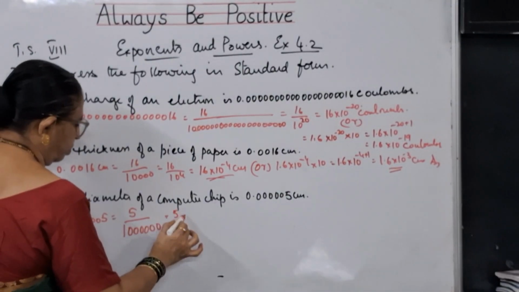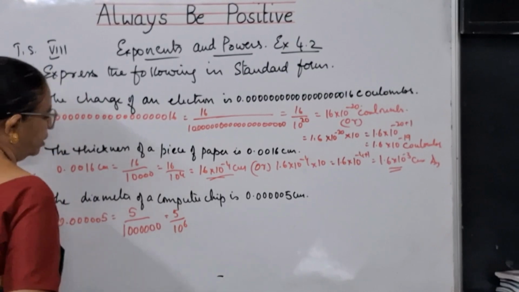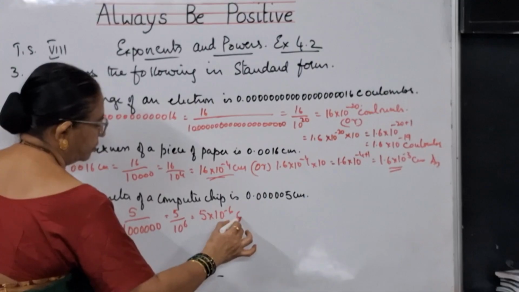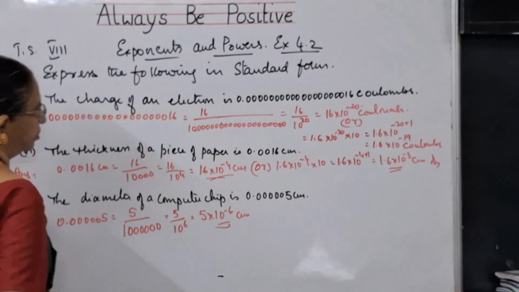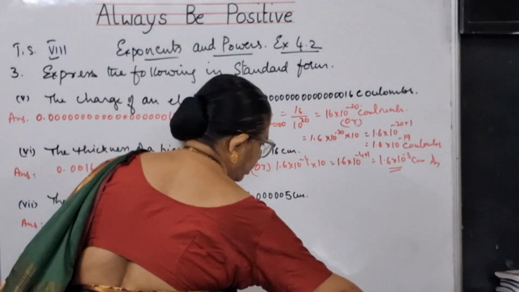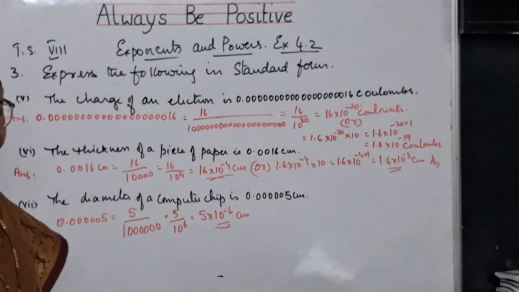That is 5 by 10 to the power of 6. That means 5 into 10 to the power of minus 6 centimeters. This is the answer, children. So 7 bits are there in it. Please copy this. With this, third problem is completed.